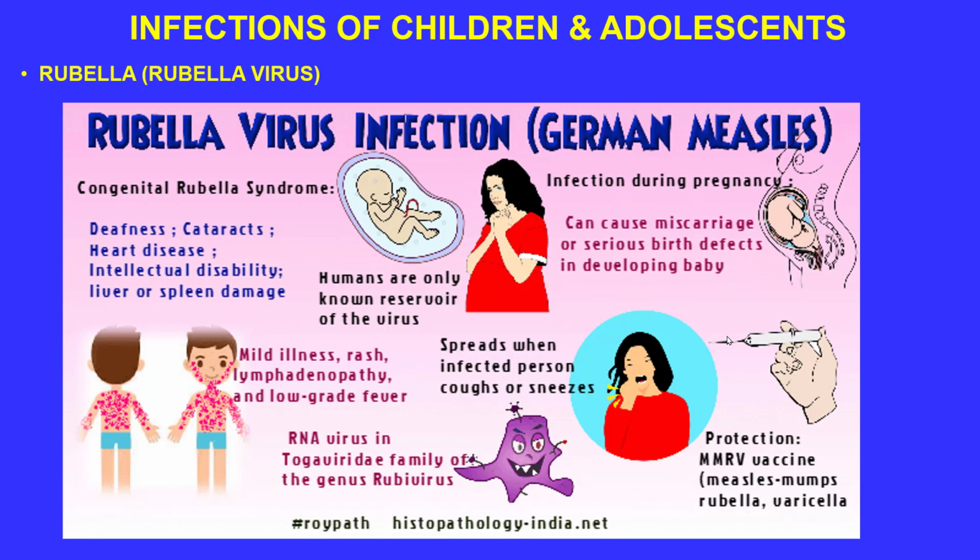If they get this infection, it can cause miscarriage or serious birth defects in the developing baby. How bad? Well, deafness, cataracts, heart disease, intellectual disability, liver or spleen damage. The mother may have the mild illness, the rash, lymphadenopathy, and low-grade fever.